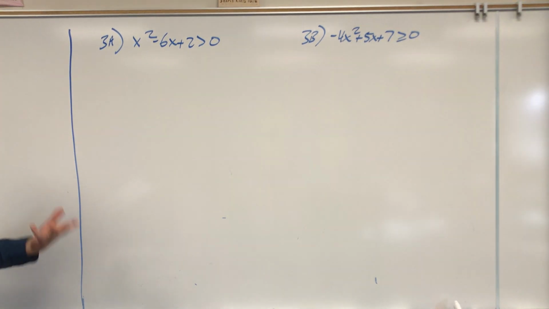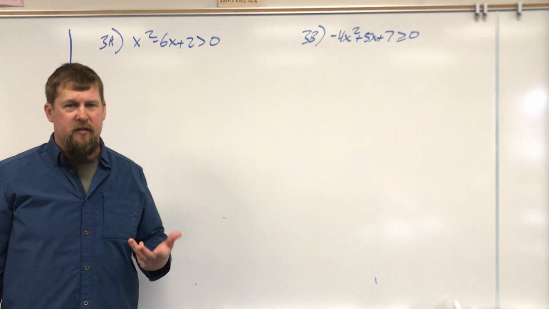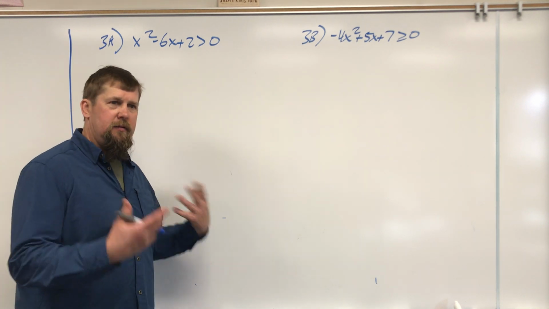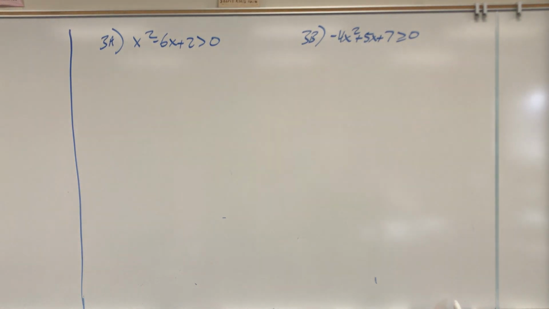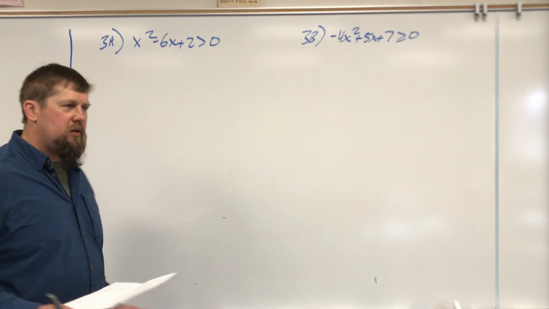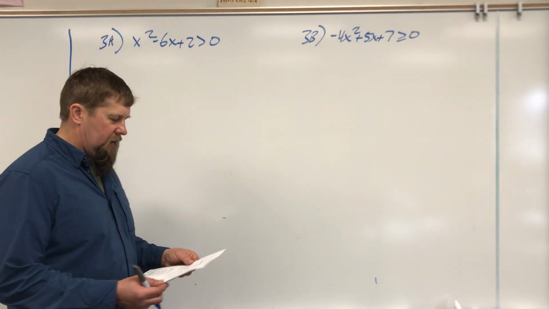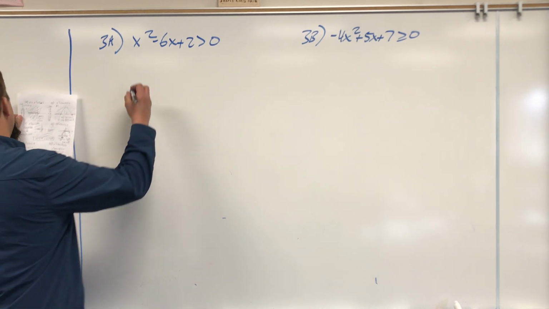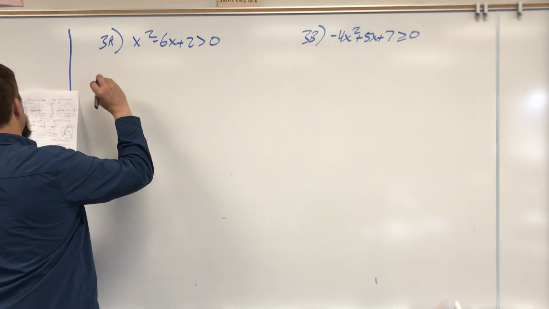The difference between these problems and example 2 problems is that these are not just nice answers. They're going to be irrational solutions. So what I'd like you to do is practice your quadratic formula. And that's what I did when I did these. So let's go ahead and start with this.